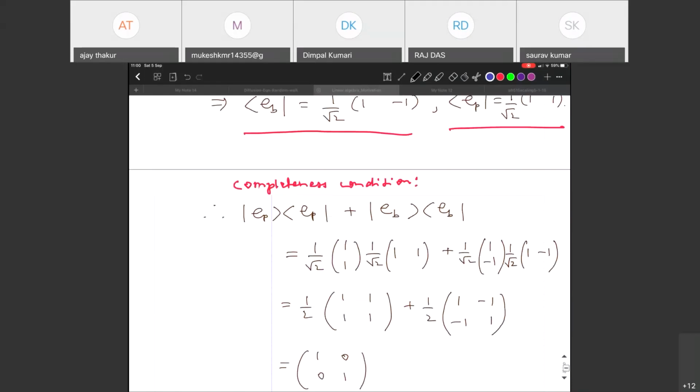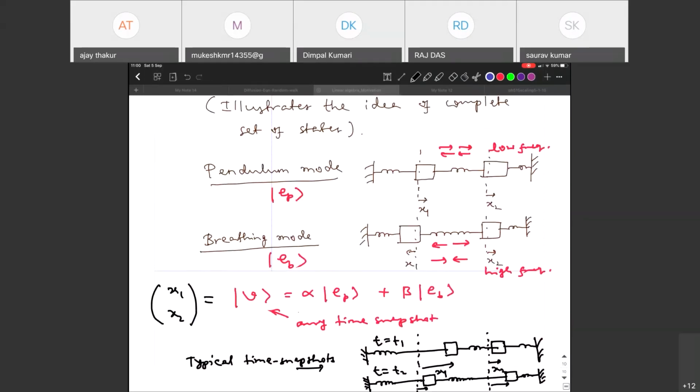So the pendulum mode was 1 by root 2, so it would be like alpha by root 2 (1, 1) plus beta by root 2 (1, minus 1). Okay, so the important realization was now alpha and beta would be functions of time, right? And they will actually tell us at a given time t1, depending on what is the picture here, what would be alpha and what would be beta. Is that clear? Clear, sir. Right. Okay.